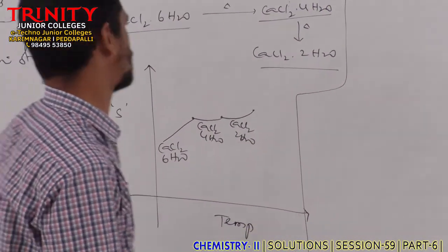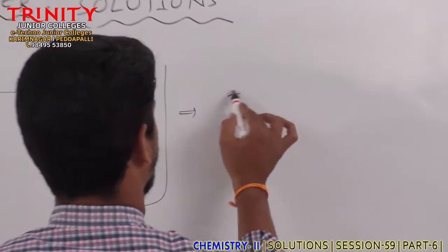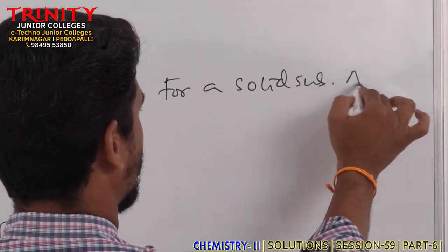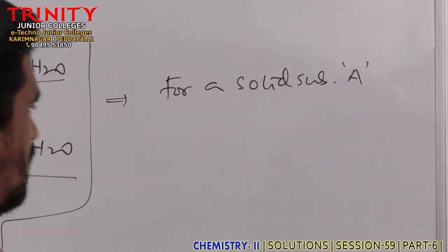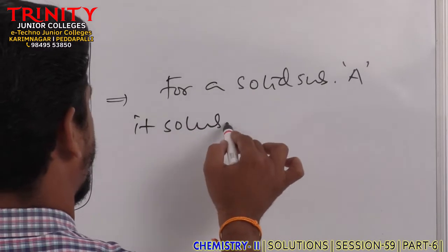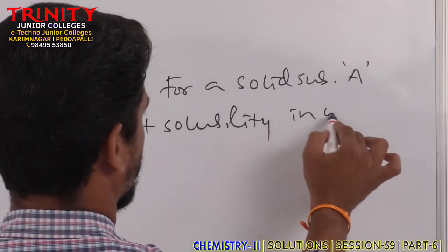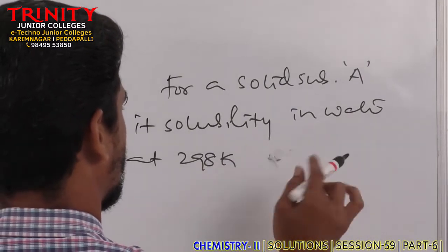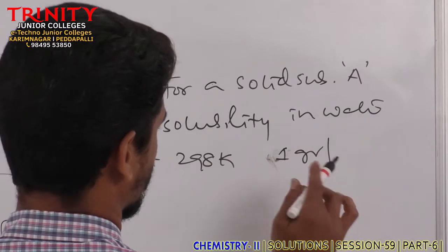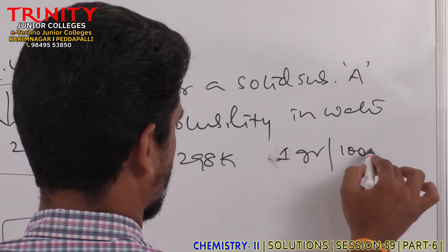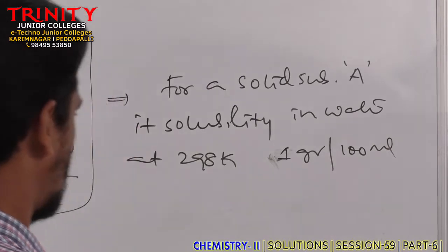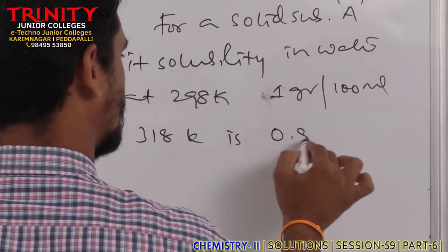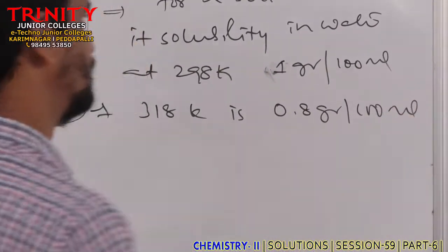Next, here I would like to give one question based on this. For a solid substance A, its solubility in water at 298 Kelvin is 1 gram for 100 ml, and at 318 Kelvin is 0.8 grams for 100 ml.